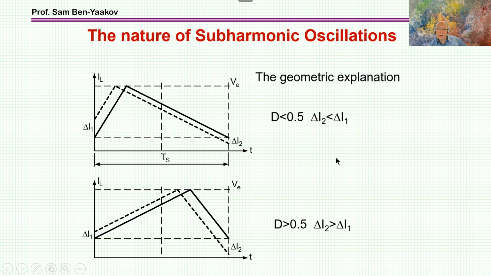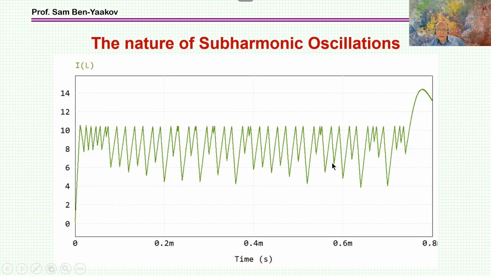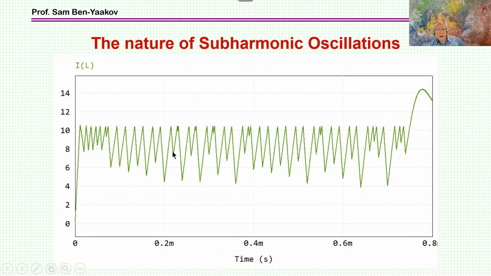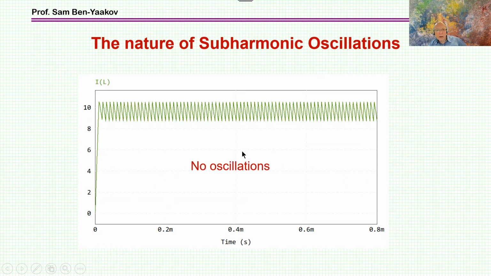Let me go back here, first of all. This is what happens when you have subharmonic oscillation. Rather than having a fine triangular waveform in the inductor, it starts oscillating like that. It's called subharmonic because the frequency is lower than the basic frequency.